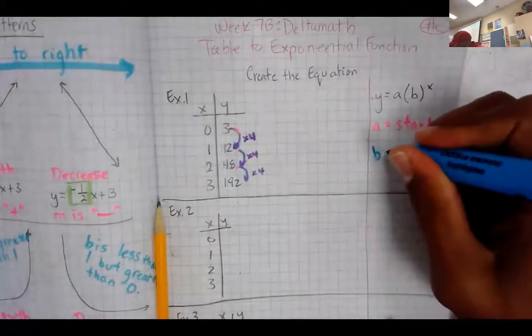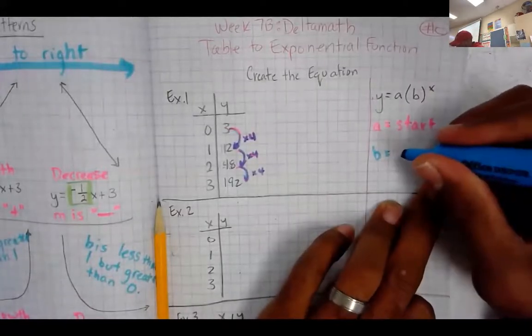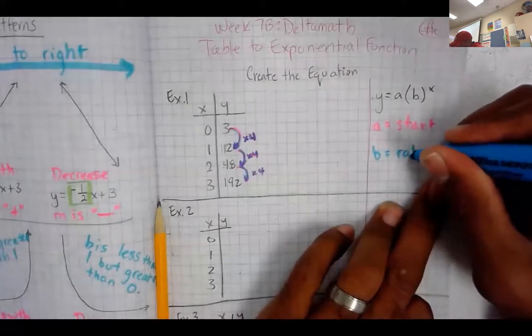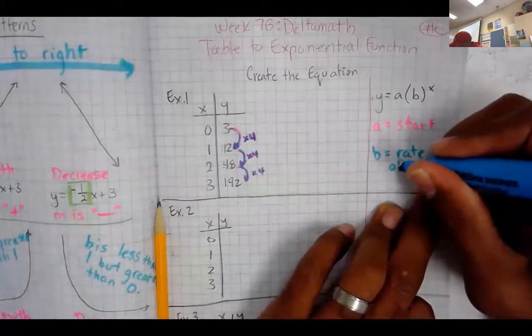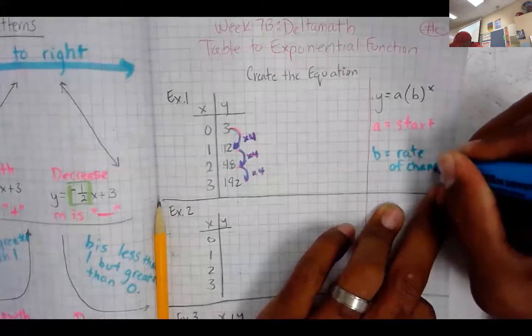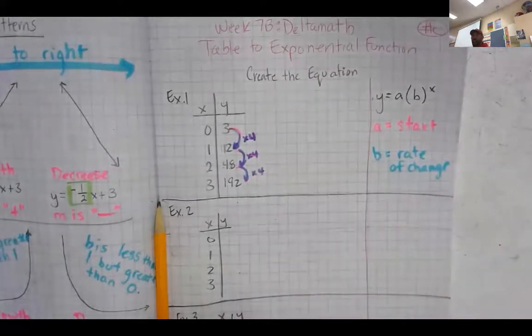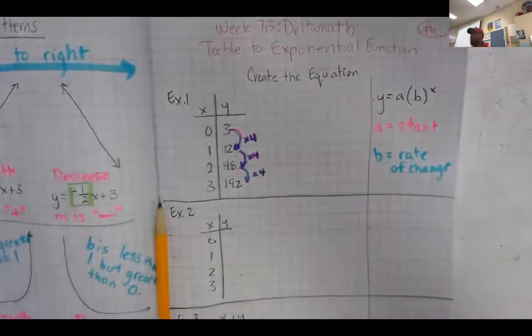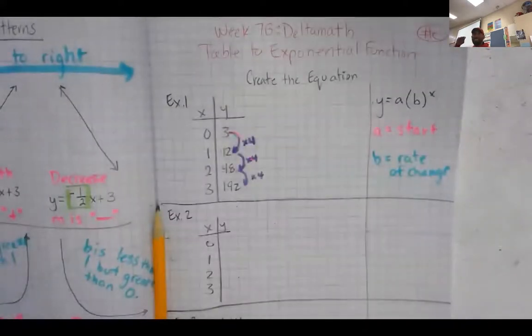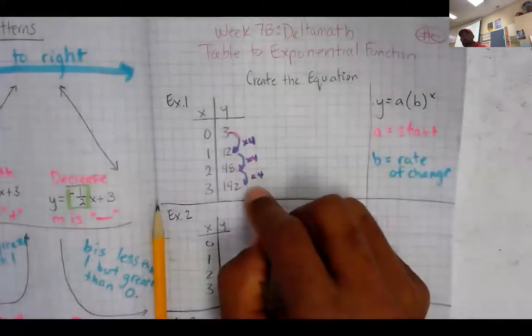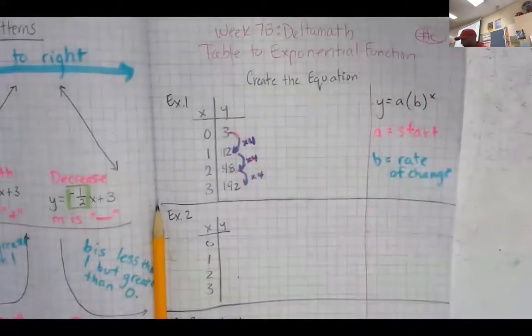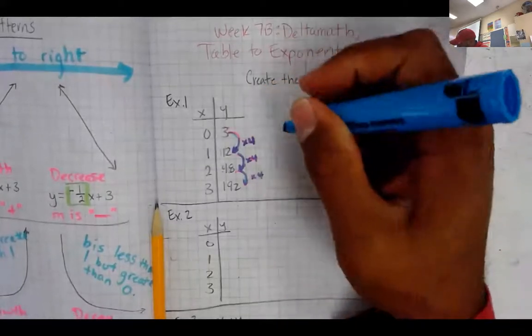And then your b is your rate of change, or growth, or how fast it's moving, or how fast it's increasing, or how fast it's decreasing. All right. So when we look for that number you're multiplying, that's your B. Okay, so the B is equal to 4.